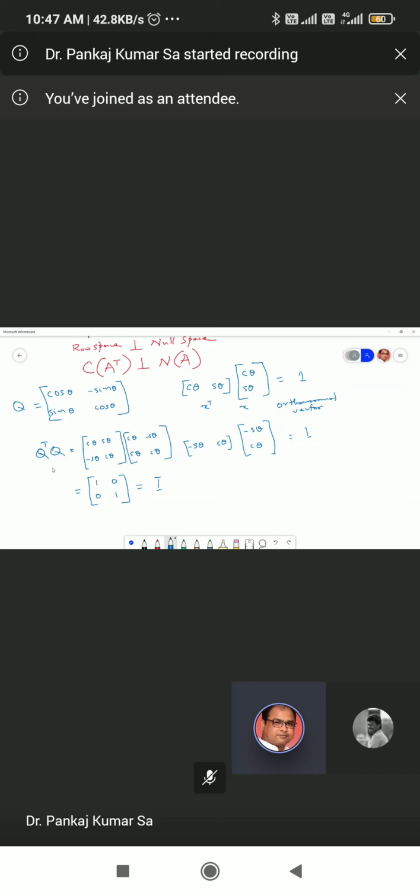So a square matrix is orthogonal if this condition holds.